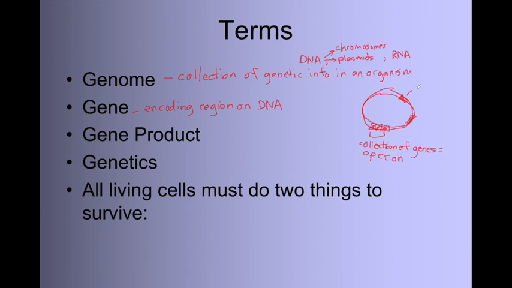And so each of these genes or gene segments is a region of DNA that will then be transcribed into mRNA, and further translated into a polypeptide, which is then folded into a protein.